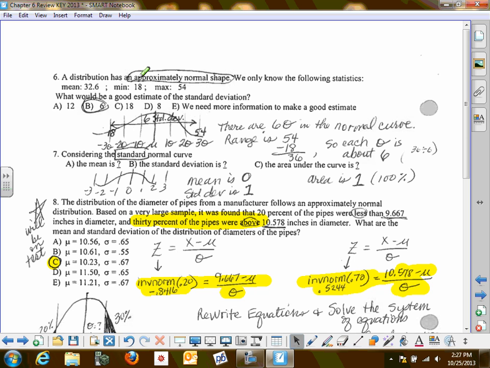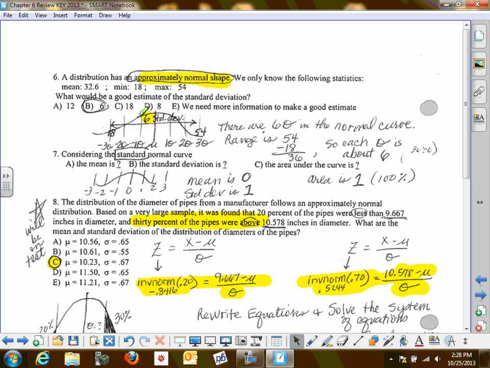So here's what's happening. Because you know that the shape is approximately normal, it's going to be somewhat symmetric, and 99.7% most of the data will be contained within 3 standard deviations. Okay? 99.7. So that means from the bottom to the top, how many standard deviations will it span? From the bottom to the top, how many standard deviations? 6.